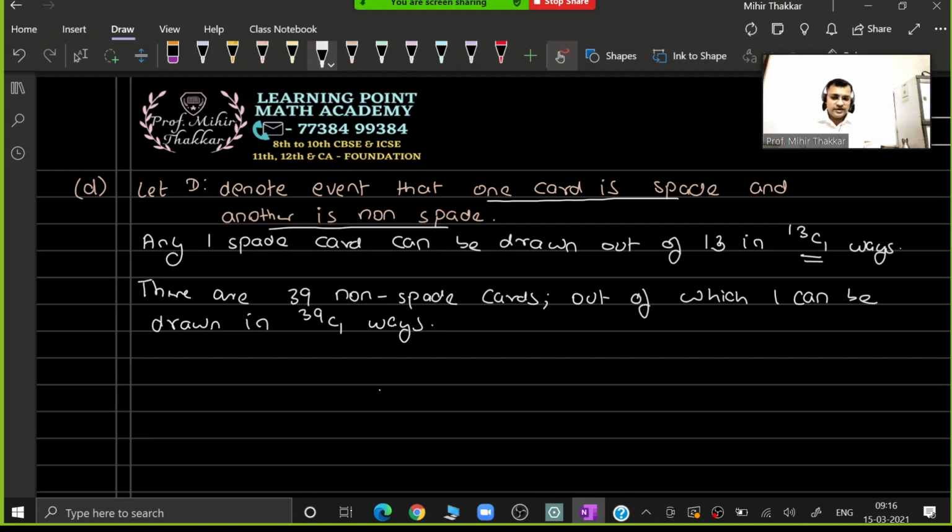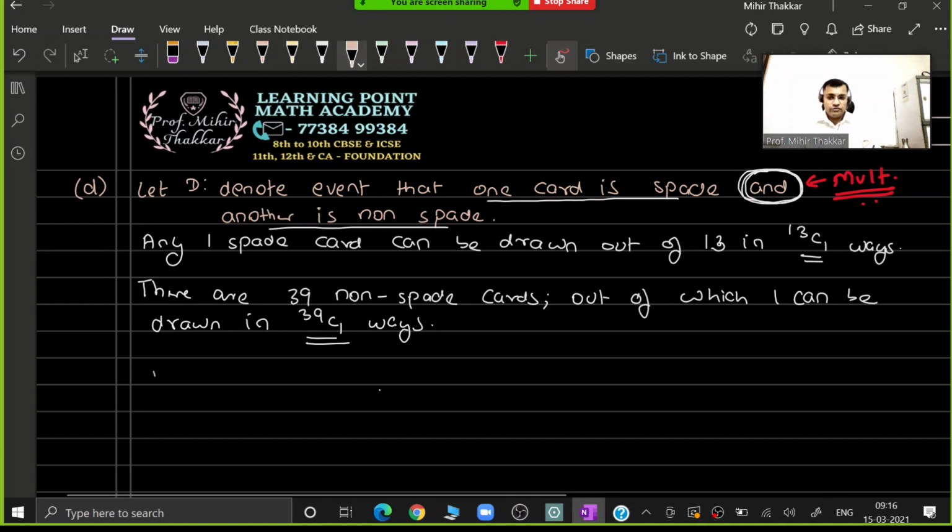Another is non-spade, so I am selecting that in 39C1 ways. I have and in between the two events. Whenever you come across the word and in between the two events, it is always representing multiplication of the two numbers.